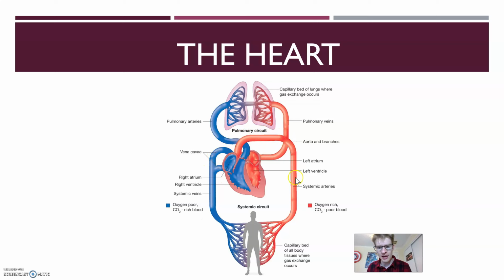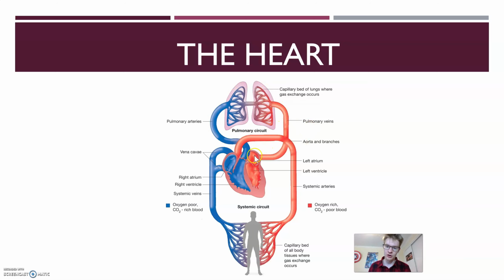The aorta is the main artery that goes to the body. The vena cava are the main veins that come from the body. So the vena cava come into the right atrium, which goes into the right ventricle, and that goes into the pulmonary arteries, which go into the lungs here. Okay, so we have a cycle here.